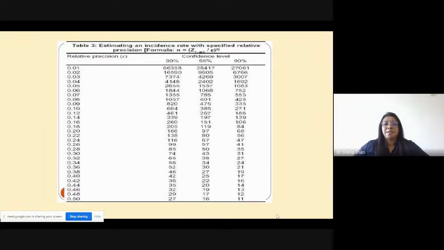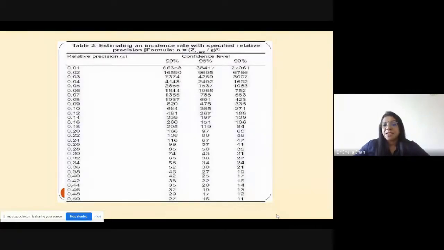Here is the sample size, how accurate you want your reading. As you can see, how precise it is, how confident you are in your study. The highest is 99% confident. So you can see that your sample size is very big.